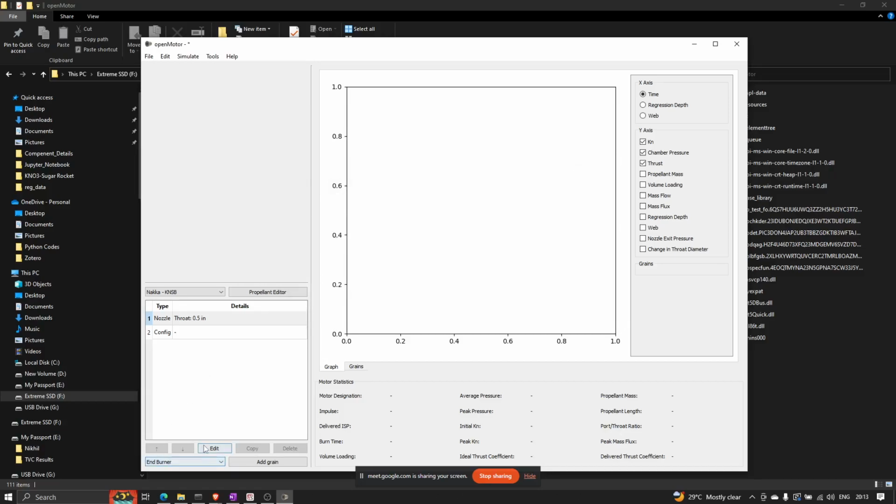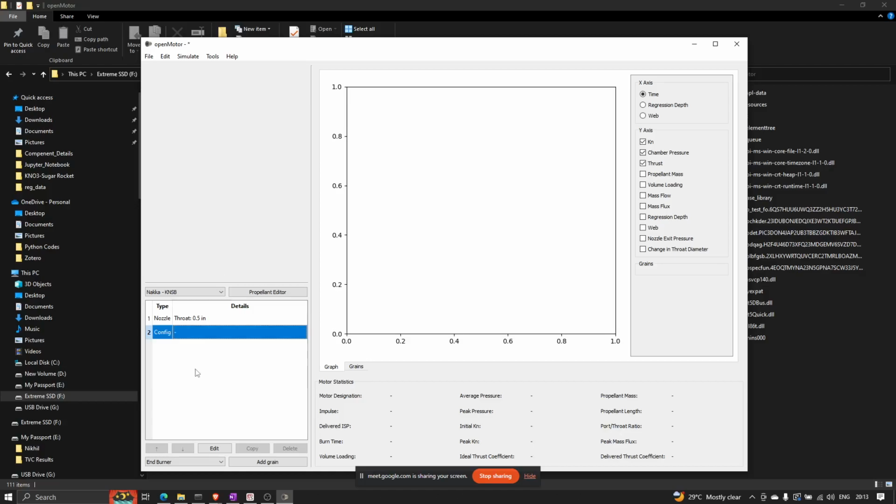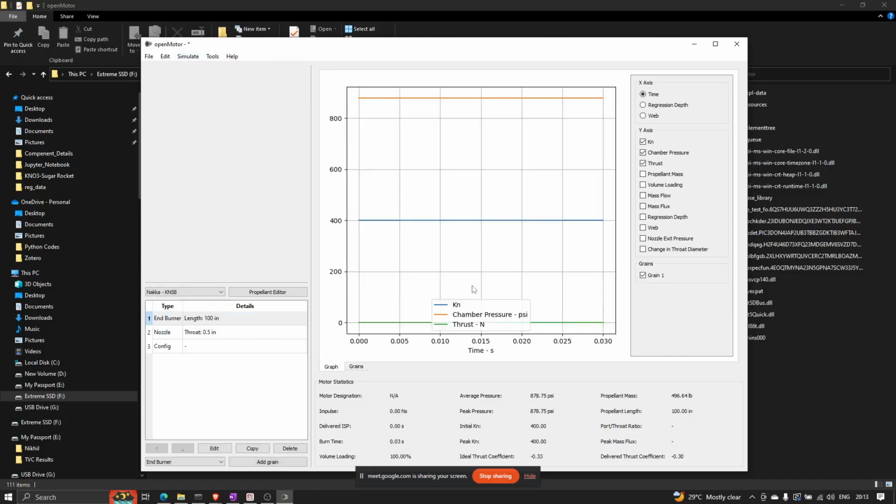Configure maximum pressure. Add grain. The end burning grain diameter, let us say 10, and length 100 inches. Apply. Now let us try to simulate.